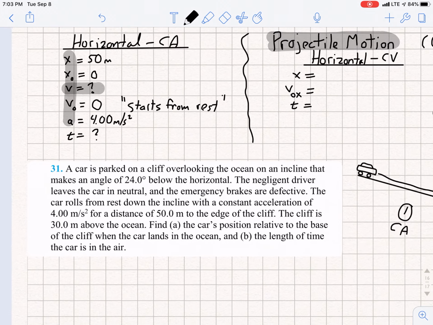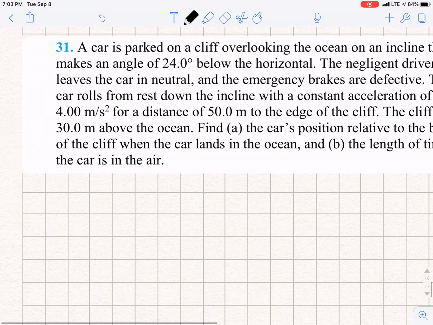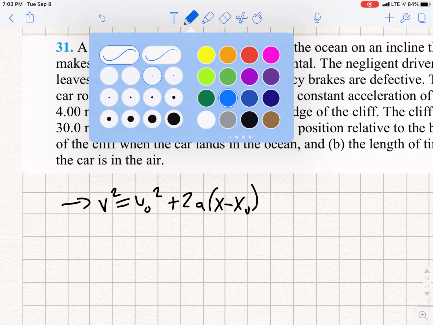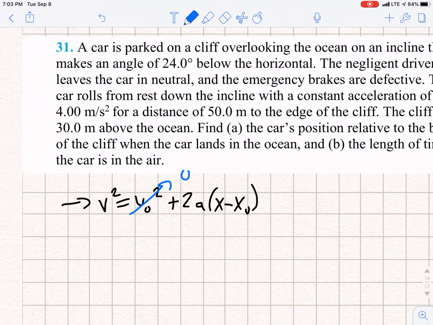Well, I'm thinking of the only one that doesn't have time in it, and that would be v squared equals v naught squared plus 2a times the quantity x minus x naught. Canceling both v naught and x naught, if we rewrite this, we get v squared equals 2ax.